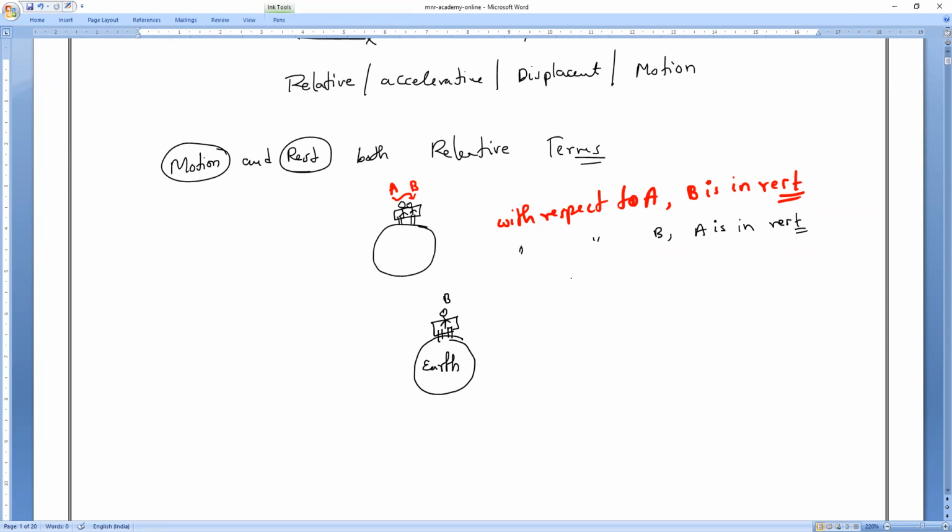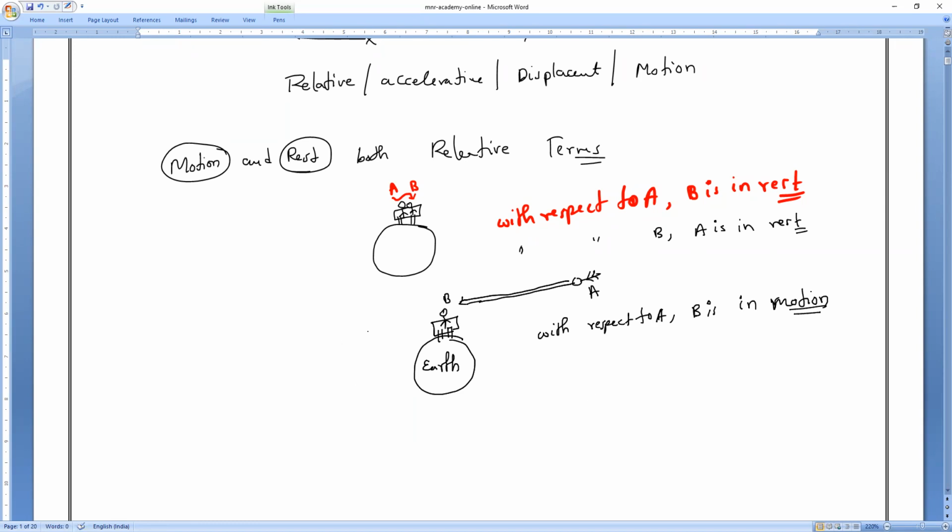Person A is observing person B from space. Now you tell me, with respect to A, person B is in what? Is B in motion or in a state of rest? Everybody? Yes, please, motion. B is in a state of motion.